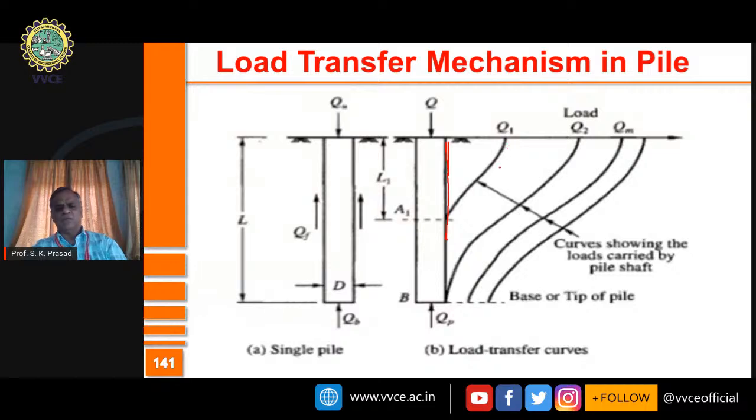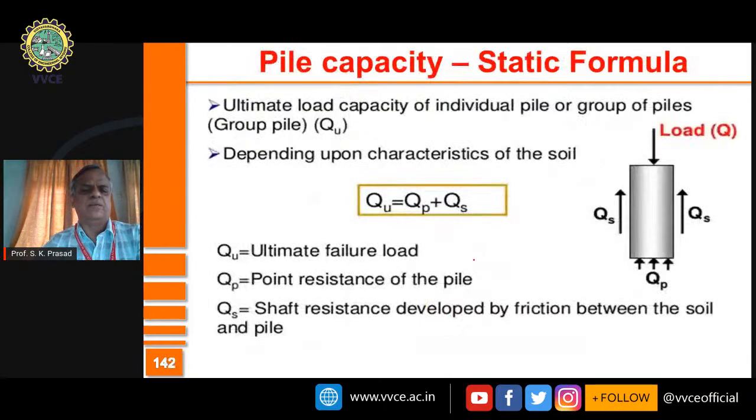So this is how the pile load transfer takes place initially, and it keeps on increasing like this. And only when complete load carrying capacity on the frictional part is over, the tip becomes important. So then the load carrying capacity from the tip side increases. So this is how the load transfer mechanism is for pile foundation typically.